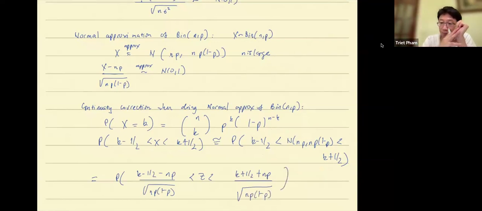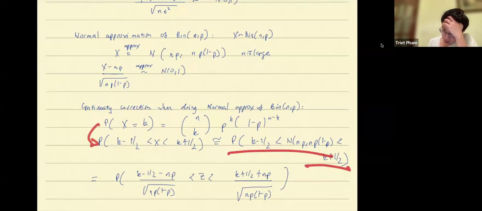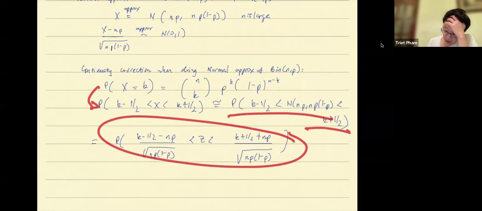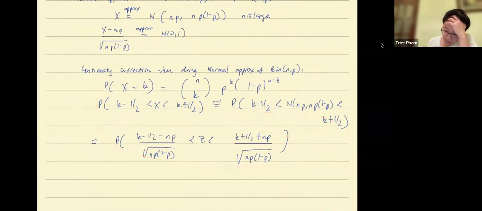Okay, so far. So, continuity correction, normal approximation, Z transformation. The last step here, which is pure formality, will be this.